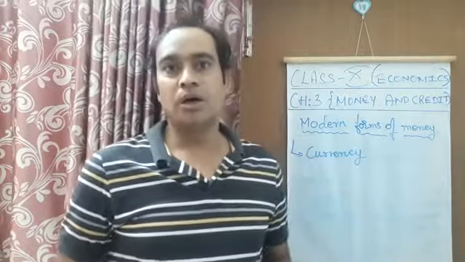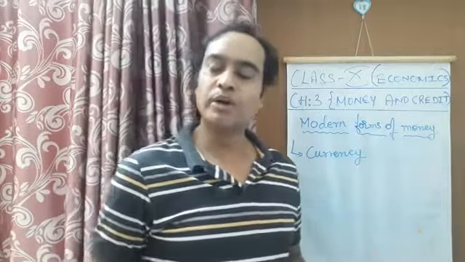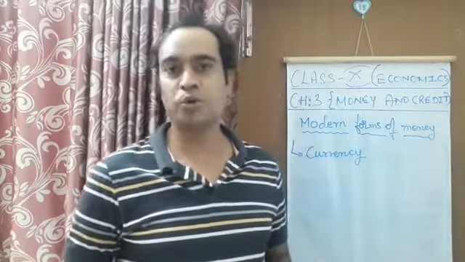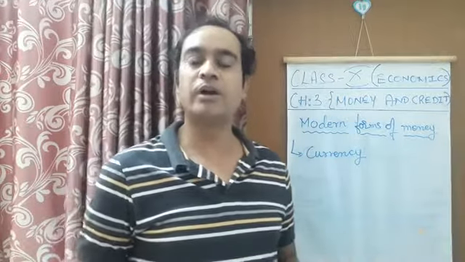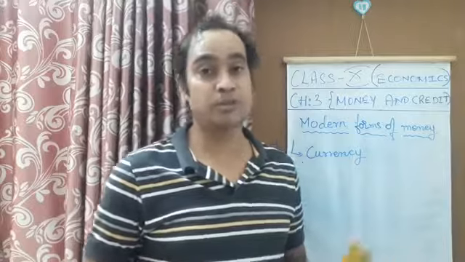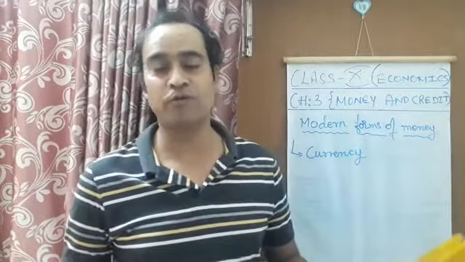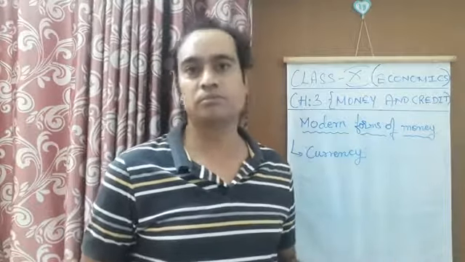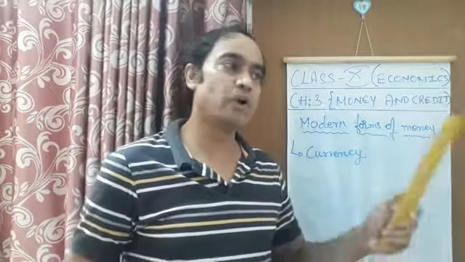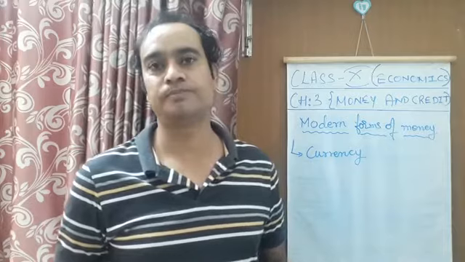Therefore, on every currency note it is written, I promise to pay the bearer 500, the sum of rupees 500, the sum of rupees 2000, the sum of rupees 100, the sum of rupees 20, whatever. And a sign of the governor of Reserve Bank of India is there on that note.